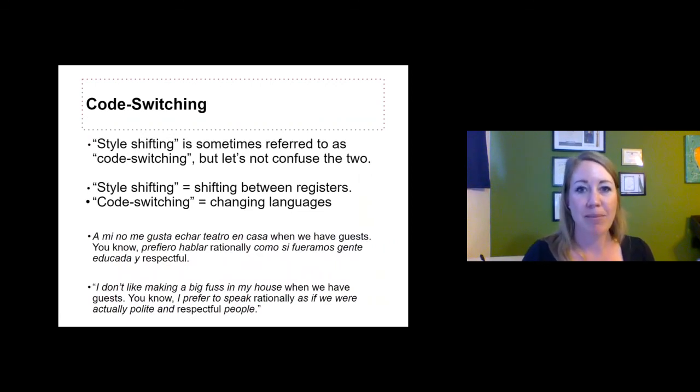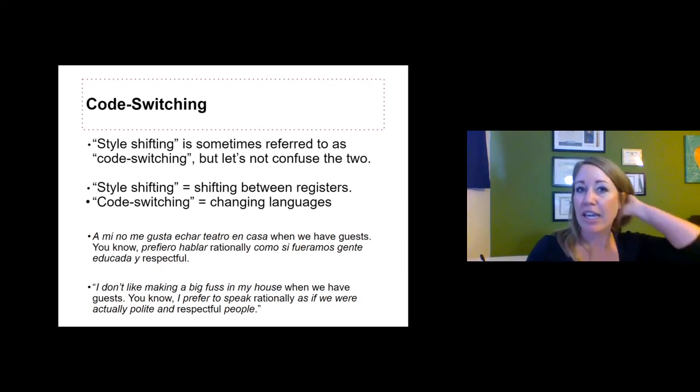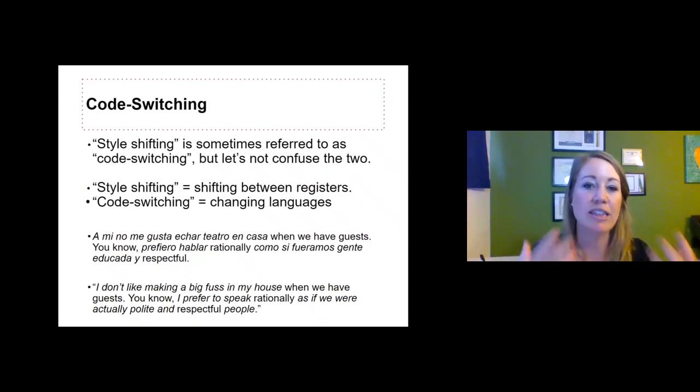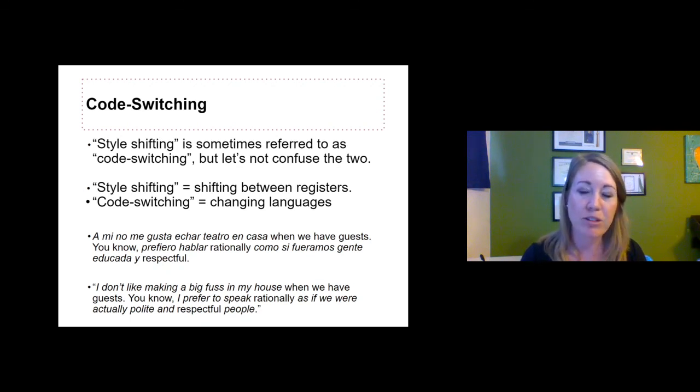We want to be careful with something because you're going to watch your next lecture on Spanglish. Style shifting is different than code switching. In mainstream English classes or university, they use the word code switching to mean what I'm talking about with register or style shifting, right? Changing the way you speak at any given time. In linguistics, it's a very different concept.